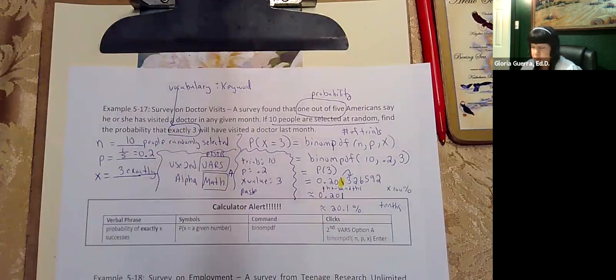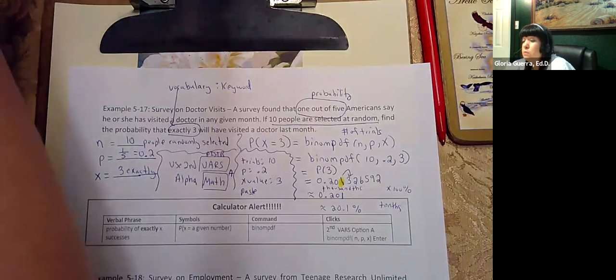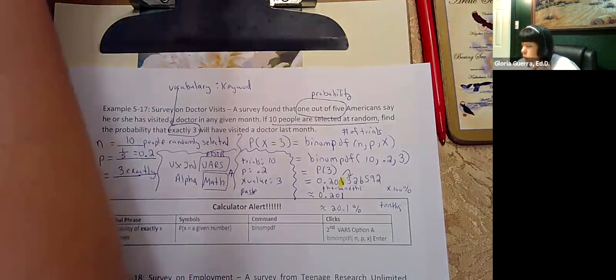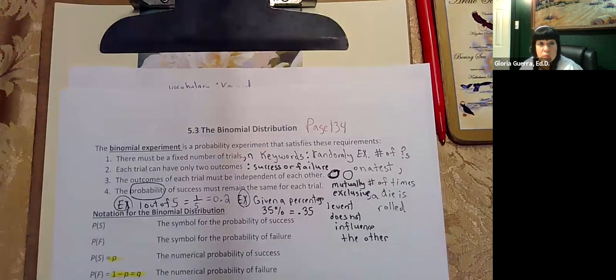Okay. But that's kind of what your problems look like. So you're finding probabilities, and this is an example that meets the requirements for the binomial distribution. So remember what they said about the binomial distribution.